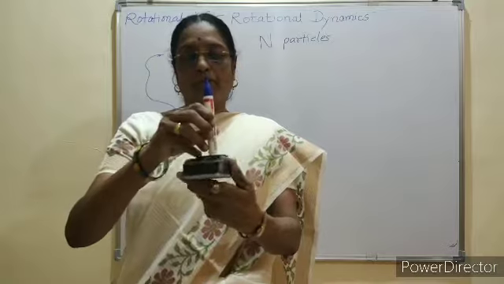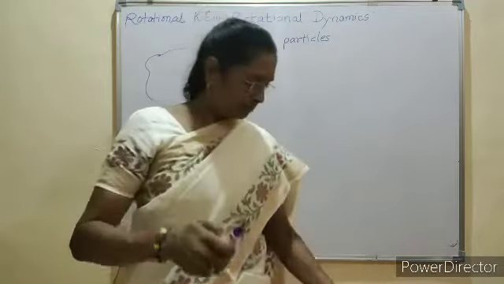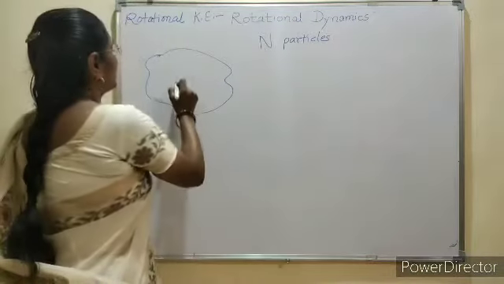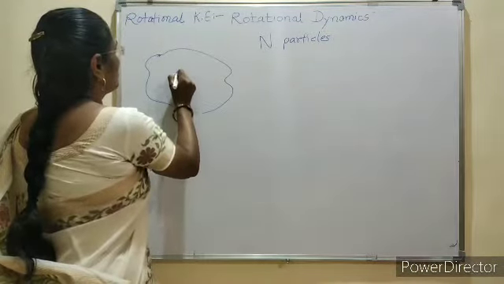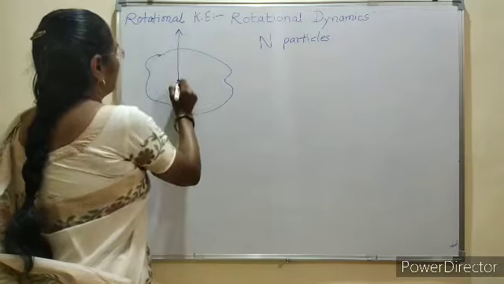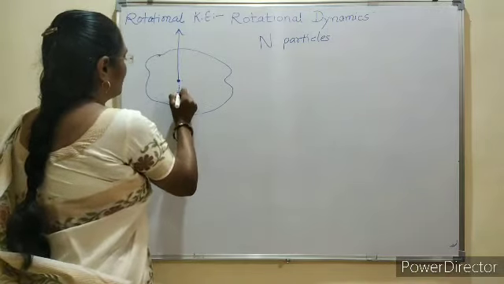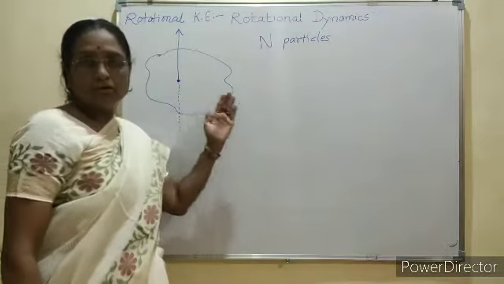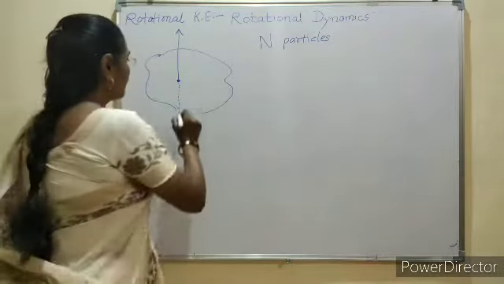So this rotation is for an irregular shaped body and its axis of rotation can be shown, which is perpendicular to the plane of the figure.